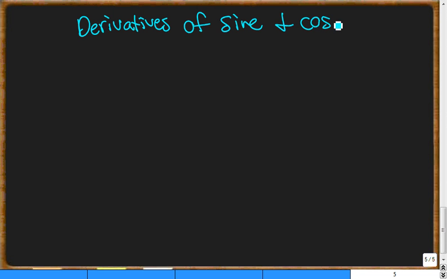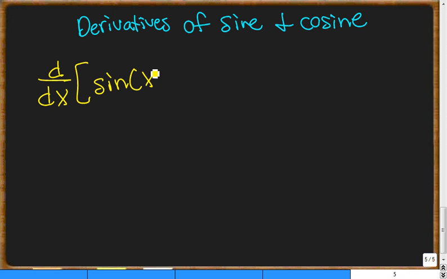The last one that we're going to talk about today is the derivatives of sine and cosine. So these are just definitions that you're going to have to know. The derivative of sine of x is always going to be the cosine of x.